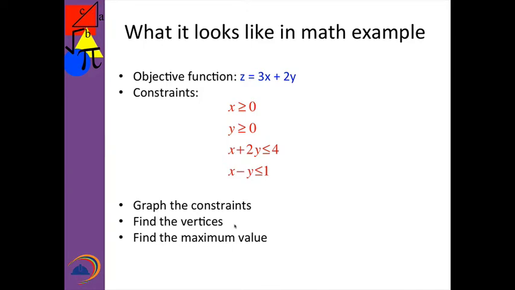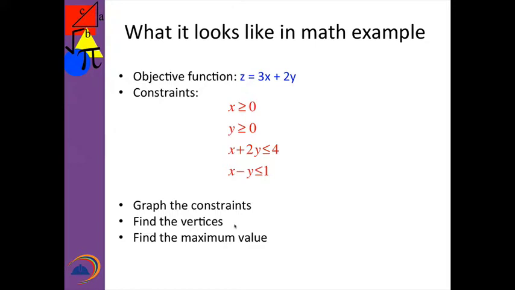Now, here's what it looks like in math. I'm going to take out the word problem and just go right to the constraints. You're going to have an objective function. It says z equals 3x plus 2y. It may be something like profit, that on item X you make $3 profit, on item Y you make $2 profit. We have the constraints, x is greater than or equal to 0, y is greater than or equal to 0.